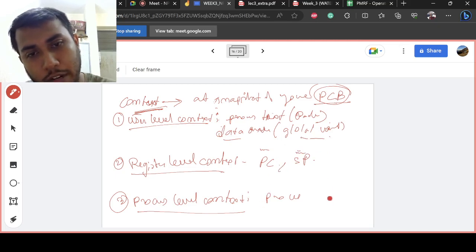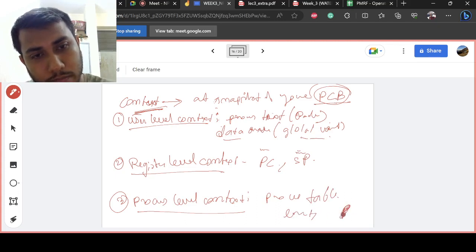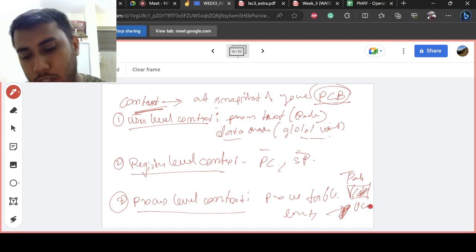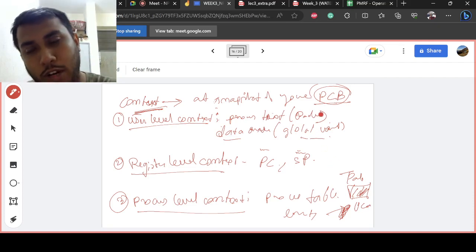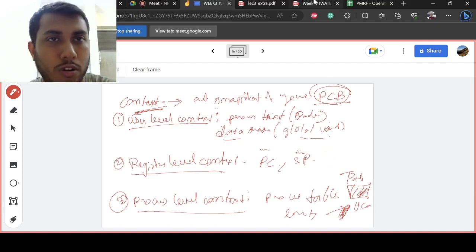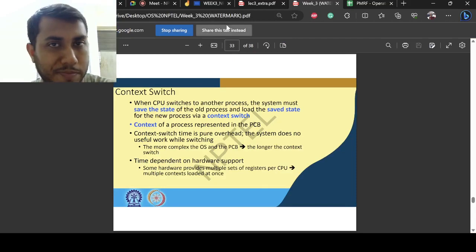And in the process level context, you have your process table entry, basically the table where the context PCB is present. So that is your process level context. These contexts are naturally saved when you make a context switch.